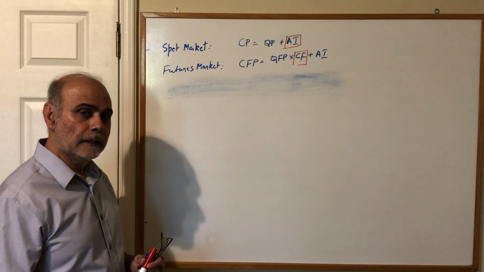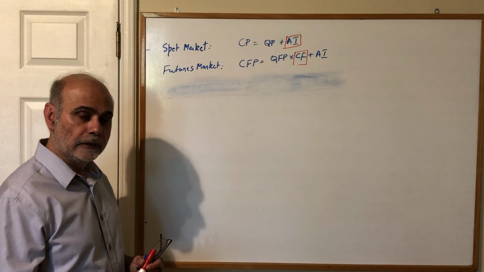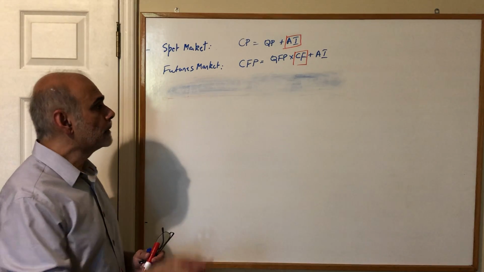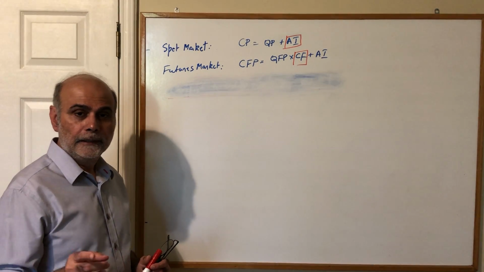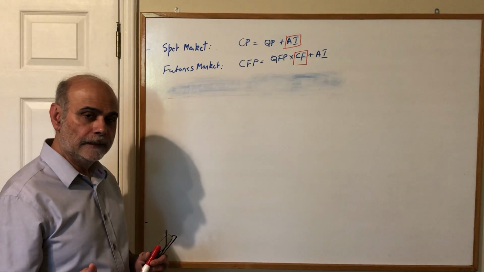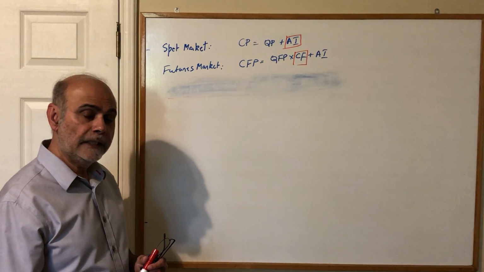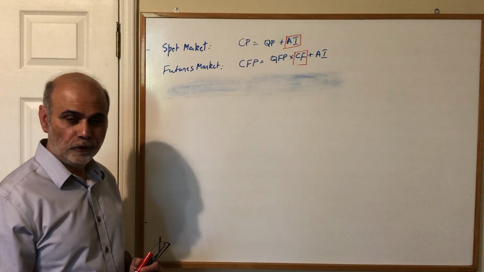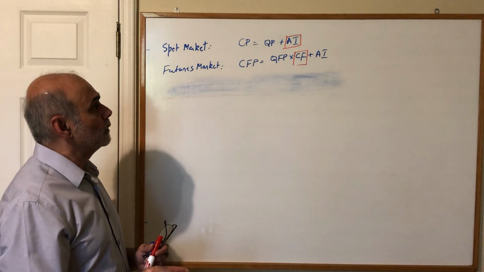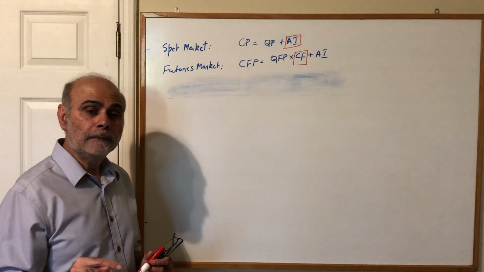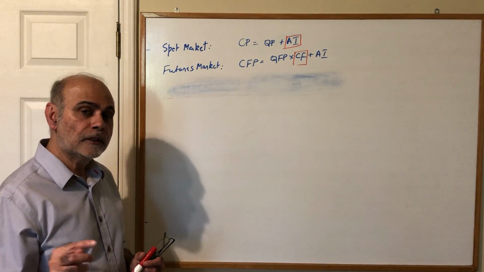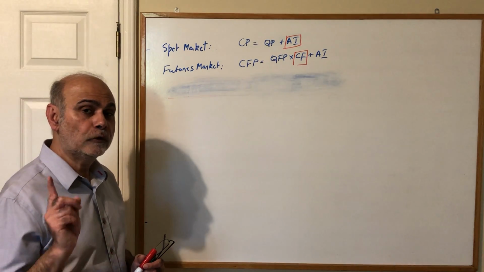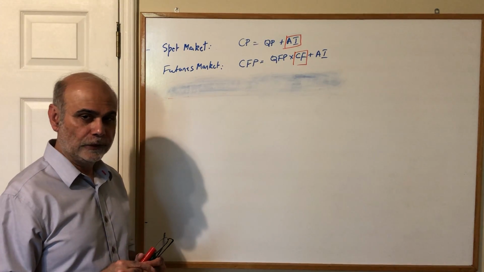So the 3 asset classes are financial securities, currencies, and commodities. So what we're doing over here is taking this one step further, because what we're talking about are interest rate futures. So we have to figure out what is the relation between spot and futures prices for these interest rate futures contracts. That's what we're trying to determine.